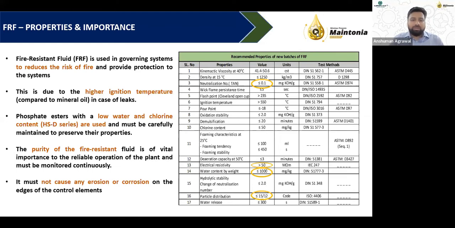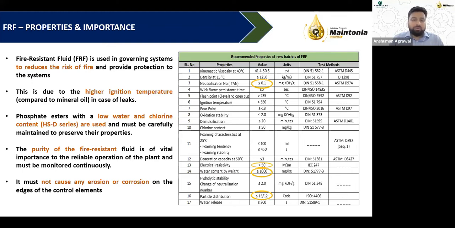By hygroscopic, it means that if it is subjected to a humid atmosphere, like if we have a fire resistant fluid tank with a header space on top filled with normal atmospheric air, which normally has a humidity level between 70 to 80%, it is highly likely that this humidity from the headspace air will travel into the phosphate ester bulk inside the tank. And you won't believe it, but this can happen very fast.